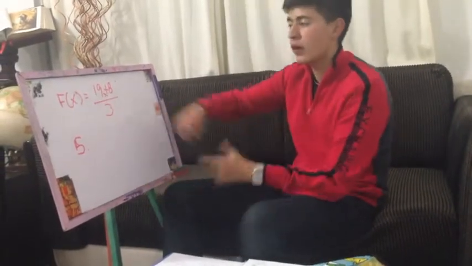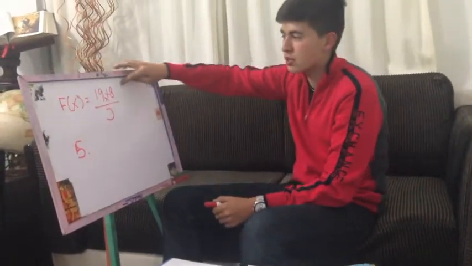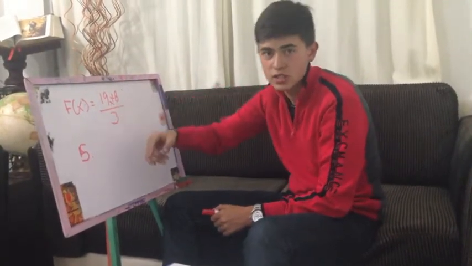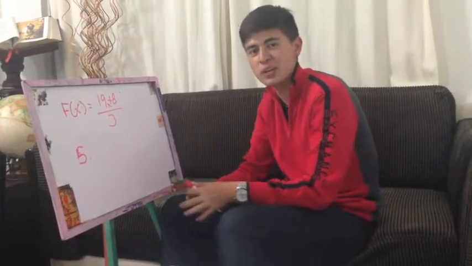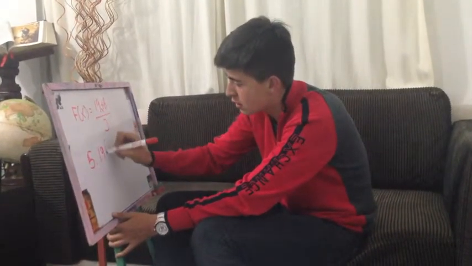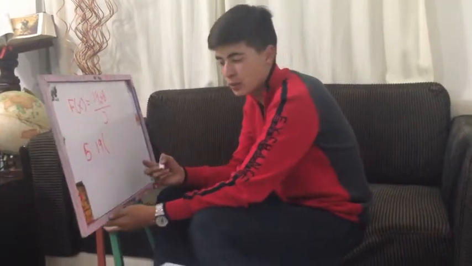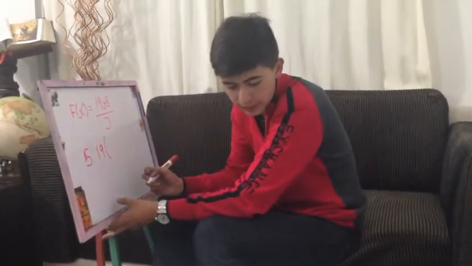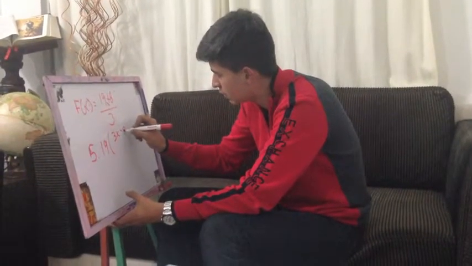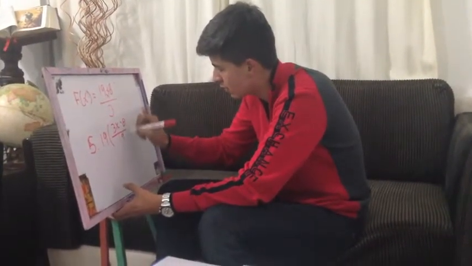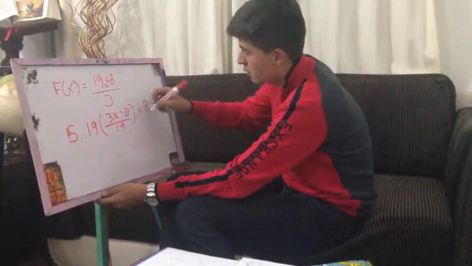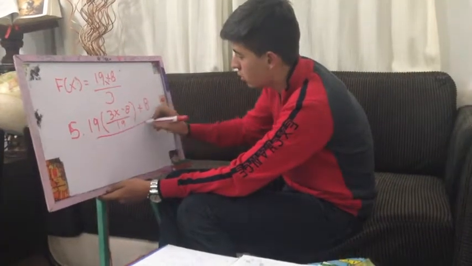So we take the original equation, and in place of the variable we substitute the inverse function that we obtained. So we have 19, and instead of x, we put the equation we obtained, (3x minus 8) over 19, plus 8, all over 3.